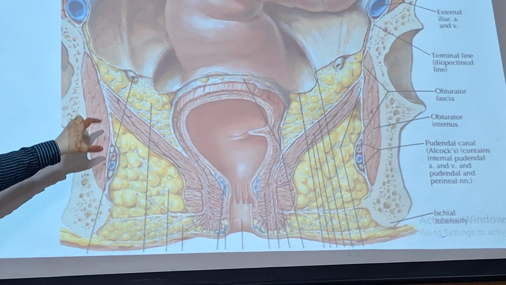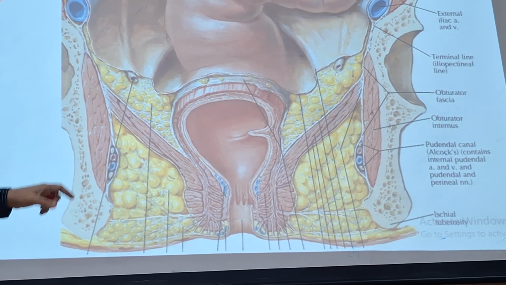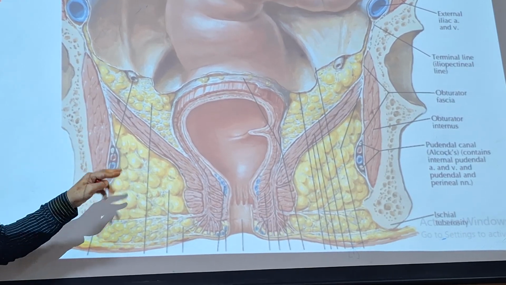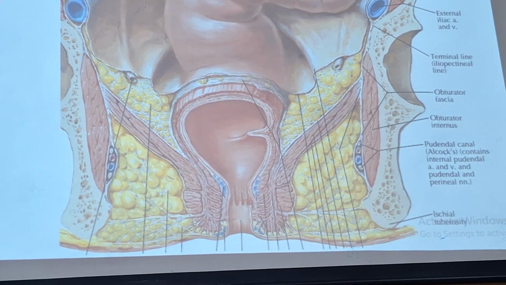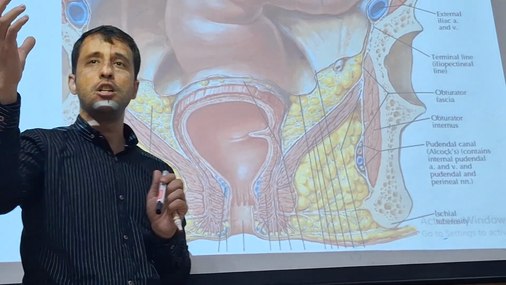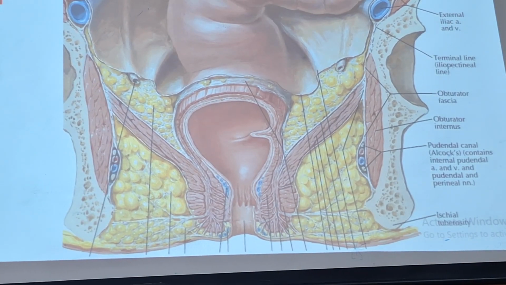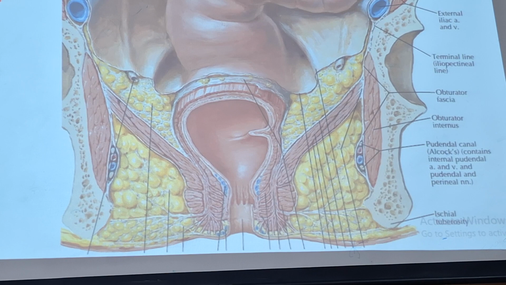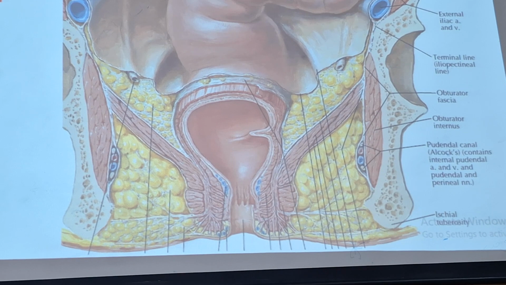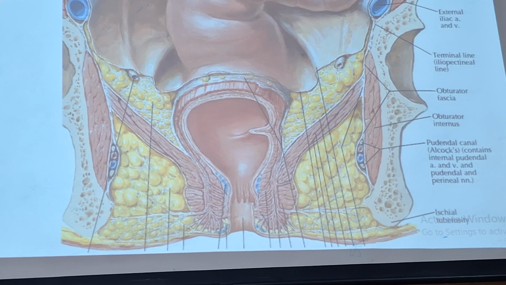So the ischio-anal fossa contains fatty tissue, and contains the neurovascular bundle. All of these structures are located in a canal which is created by fascia.